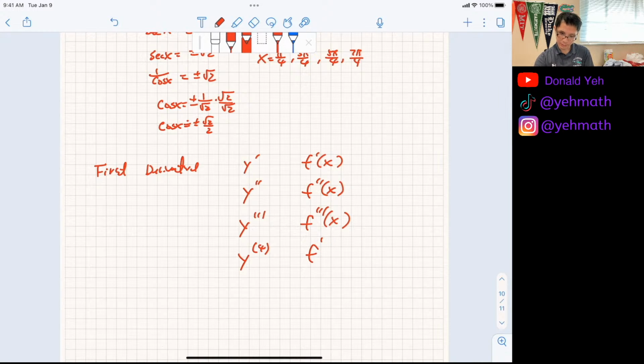So this is second, this is the third, this is the fourth derivative. Okay, so on your homework today, you're gonna have that. So think about what the 73rd derivative of sine of x is. It's actually been on the AP exam before.